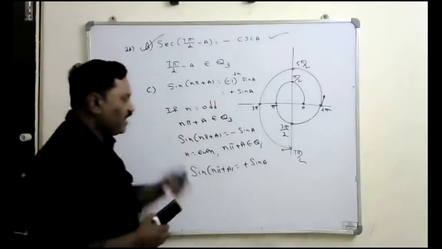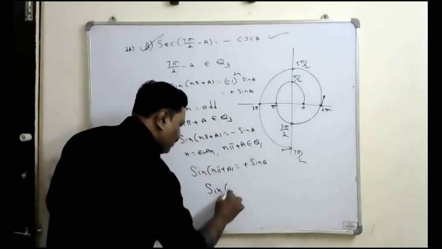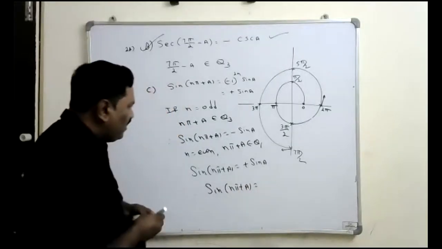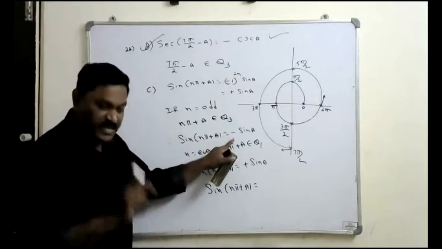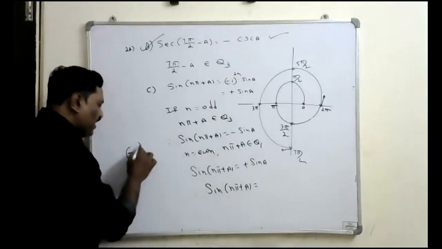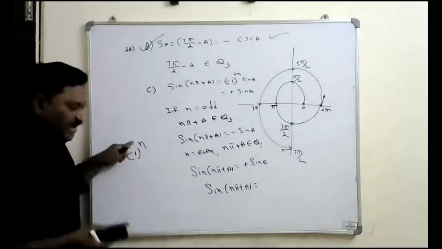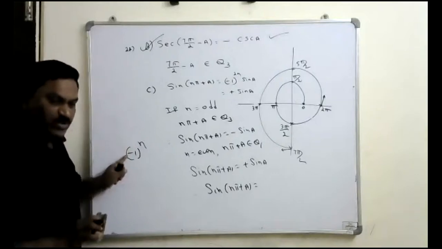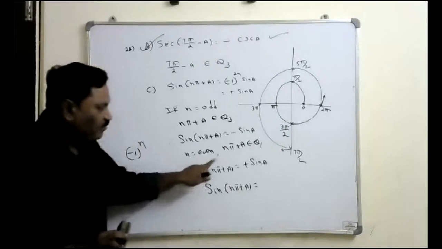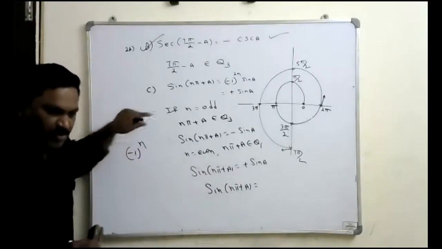If they had given it like this, you can write sin of n pi plus a like that. When n is odd, we get minus sin a. That minus sign we can write as minus 1 whole power n. When n is odd, minus 1 whole power odd gives the minus sign. If n is even, minus 1 whole power even gives the plus sign.